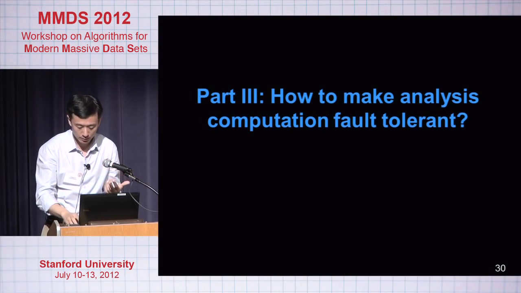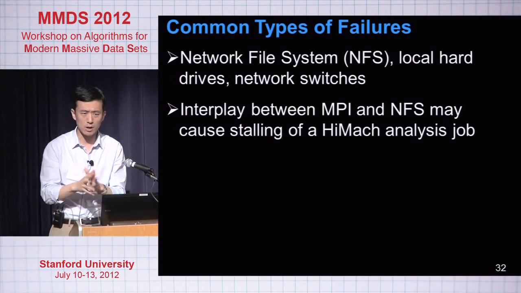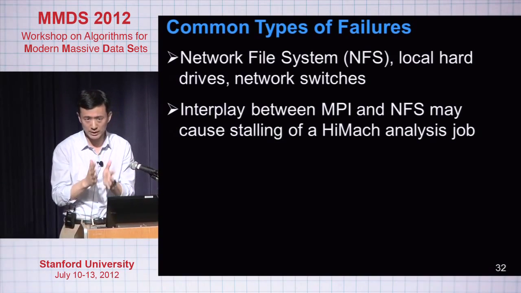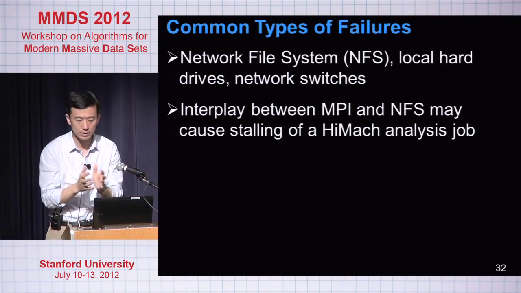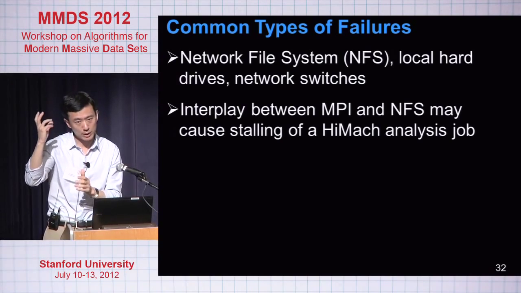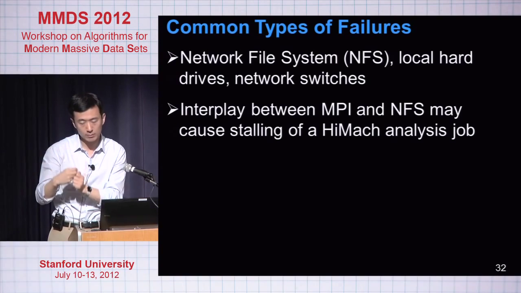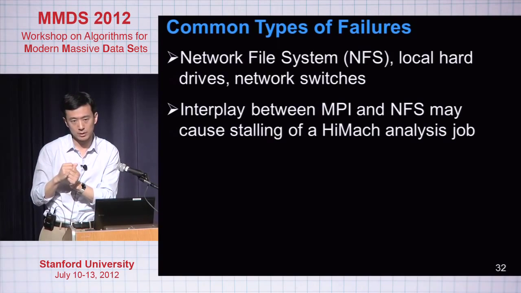But in practice, what we found was the common type of failures actually are related to network file system a lot. This happened when one of the analysis nodes tried to retrieve a piece of data, a frame, from the file server because of a cache miss, and the NFS mount point somehow hangs, never returns.